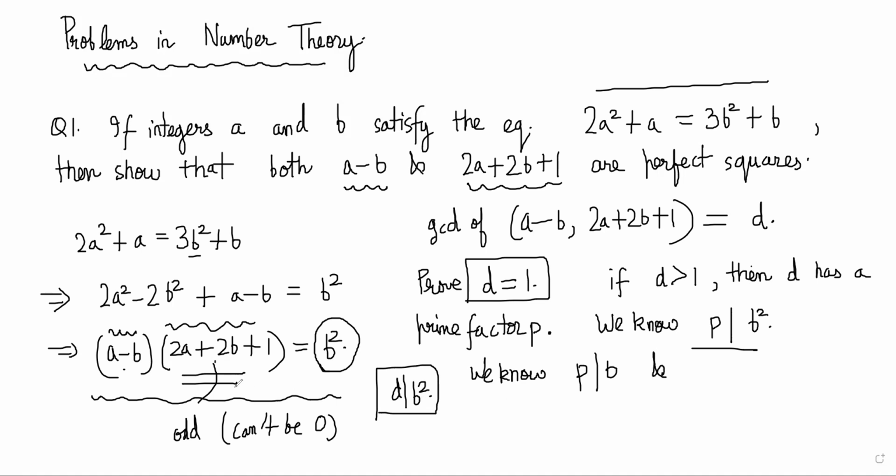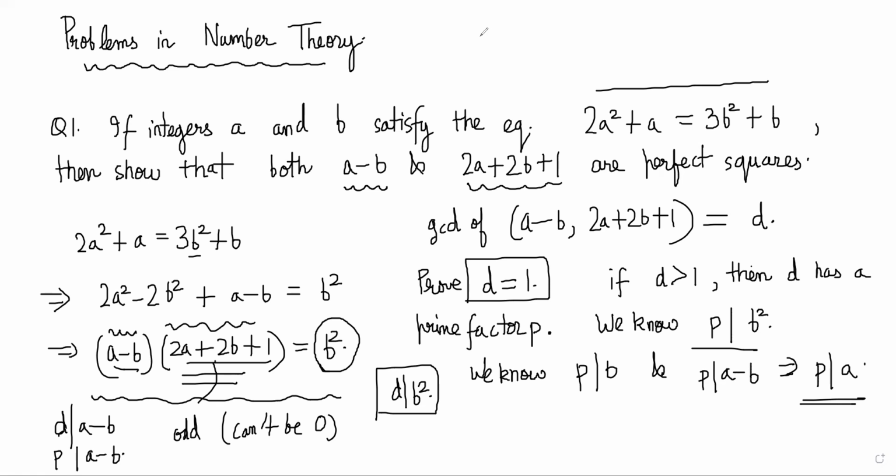And we already know that d divides a minus b because d is the GCD of a minus b and 2a plus 2b plus 1. So p divides a minus b. So we have p divides b and p divides a minus b, which together means that p divides a, right?